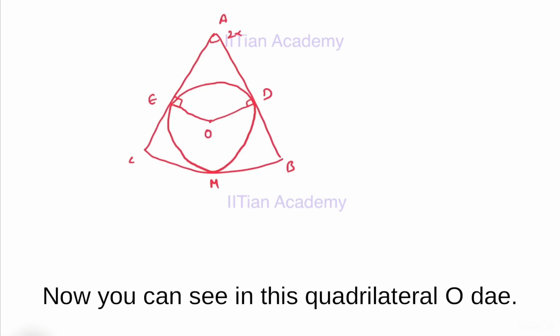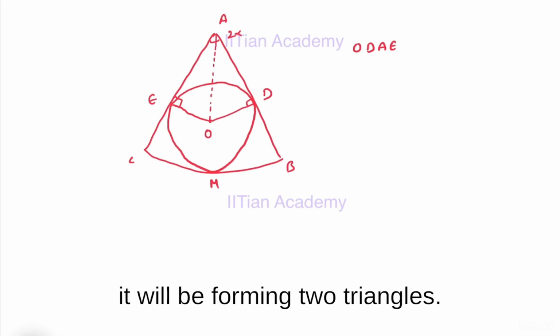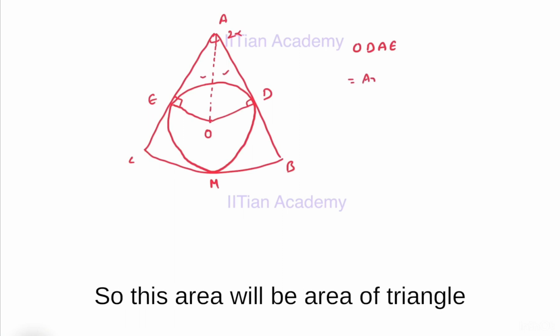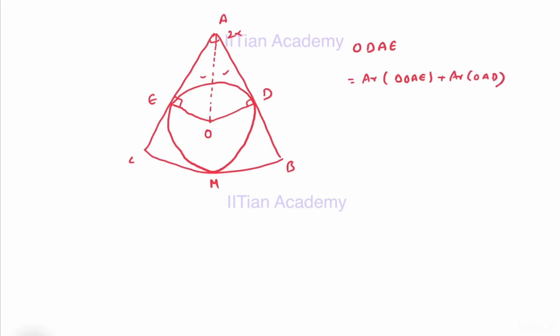Now you can see in this quadrilateral ODAE, if I join this O with A, it will be forming two triangles. So this area will be the area of triangle OAE plus the area of the triangle OAD.